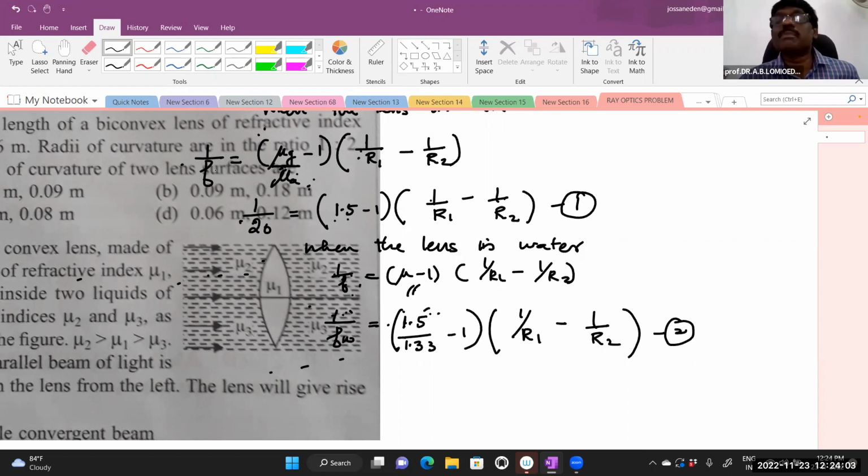The remaining portion will be 1.5 minus 1 and 1.5 divided by 1.33 minus 1. Here, the fW will come in the numerator side. Can you solve it and tell me the answer, please?